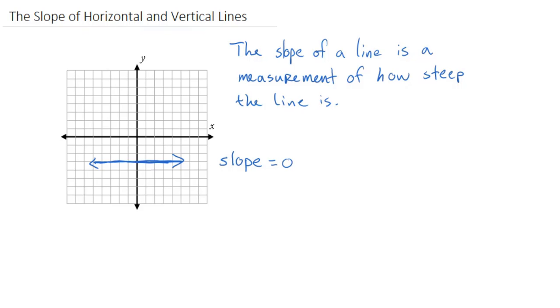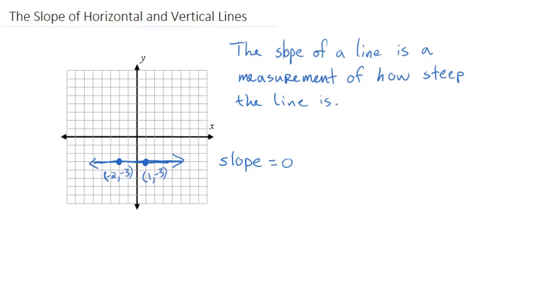But let's look at what that looks like inside of the slope formula. Let's say we just pick out a couple ordered pairs here, that point there and this point here. The first one I bolded in has the coordinates (-2, -3), and the second one has the coordinates (1, -3).